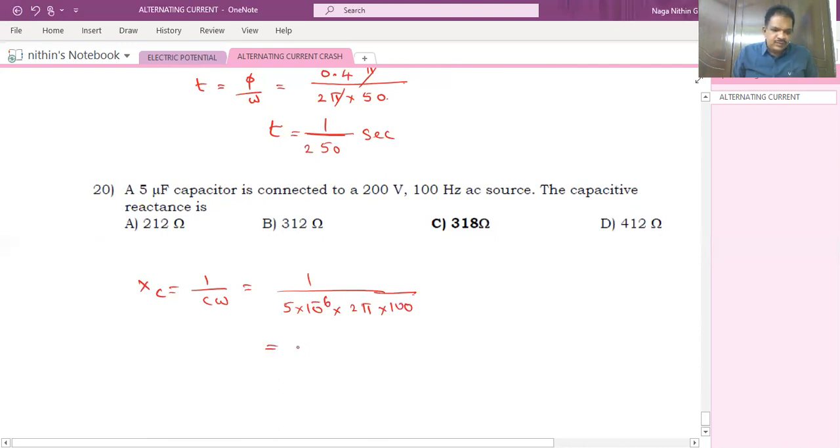So this value, if we calculate, finally this value 1000 by 3.14 will come. So this value 318 ohms.